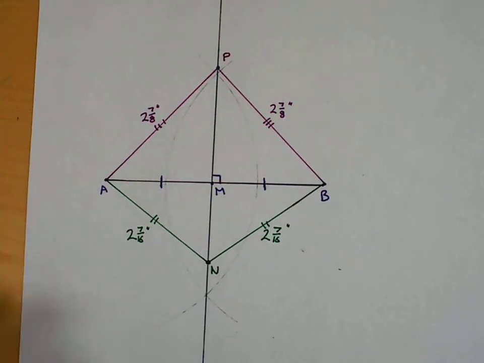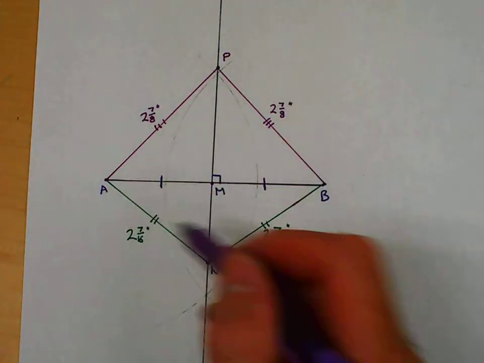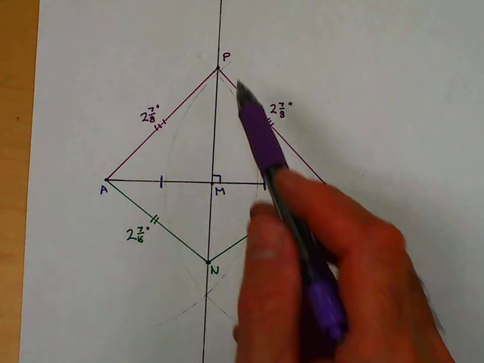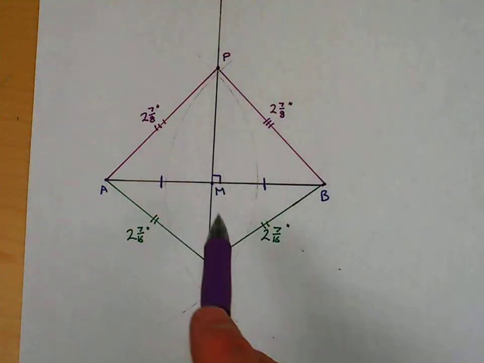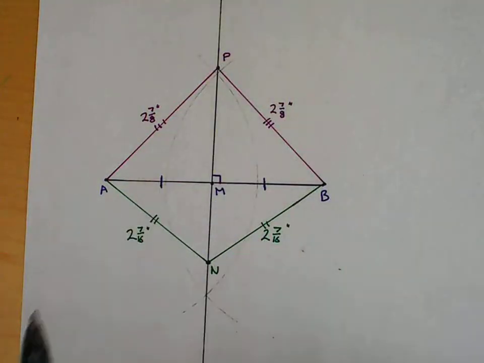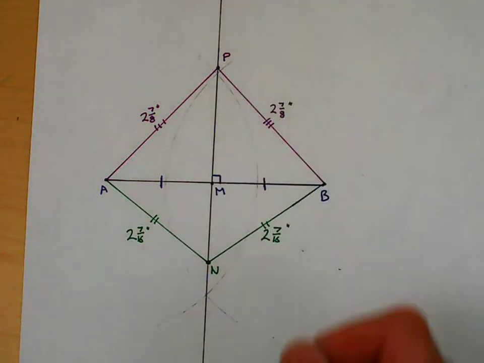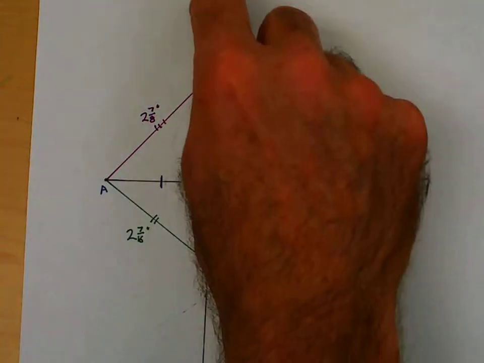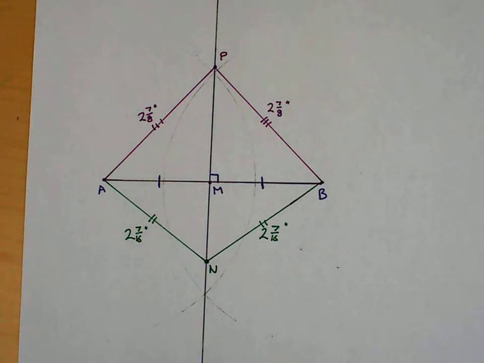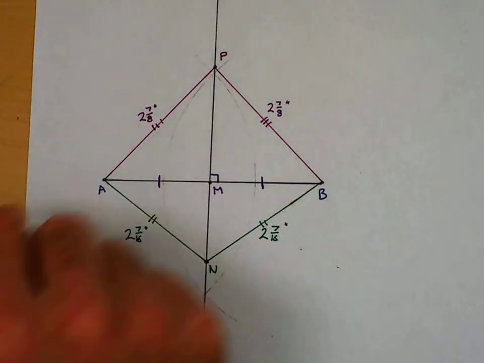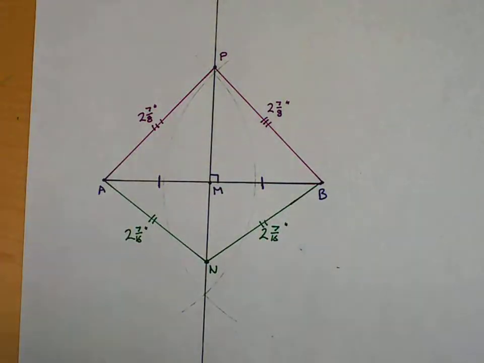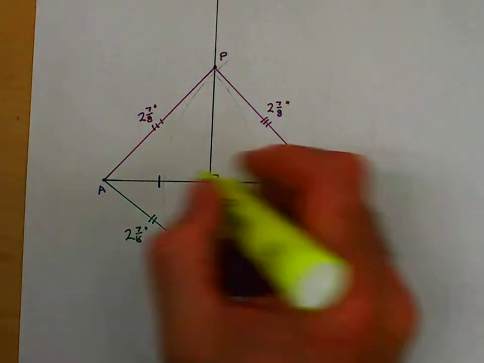So in fact, the perpendicular bisector theorem, this perpendicular bisector, which is right here, is equidistant from the two endpoints. These being the two endpoints, here and here.